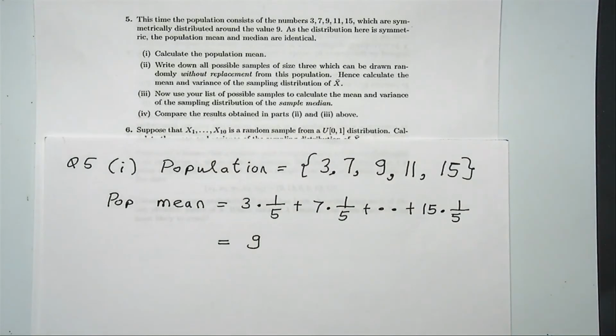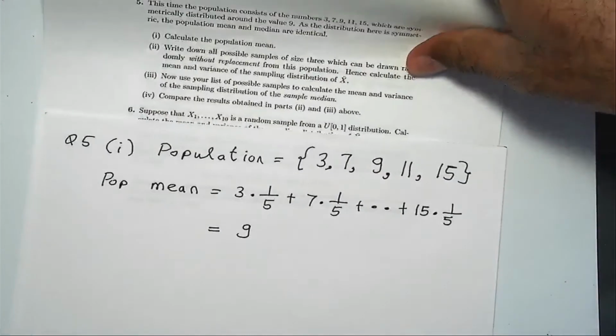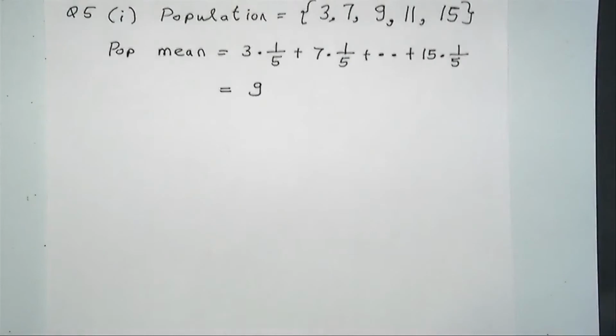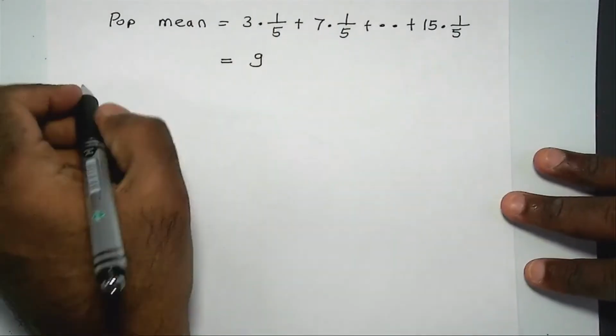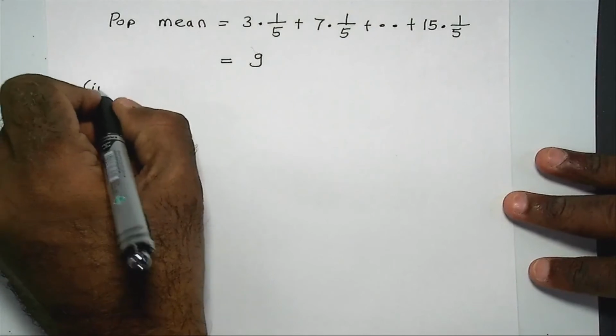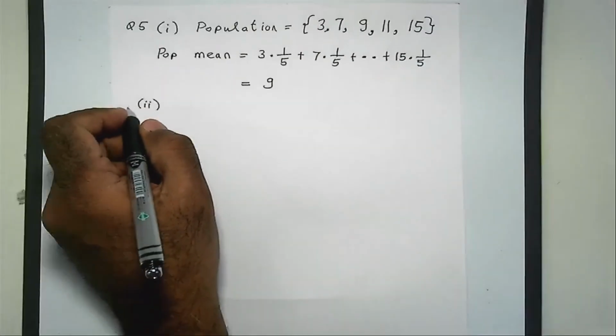So the first thing you need to do, guys, is to write down the outcomes and the values for X bar, right? So that's what I'm going to do. So this is part 2 of question 5, right?